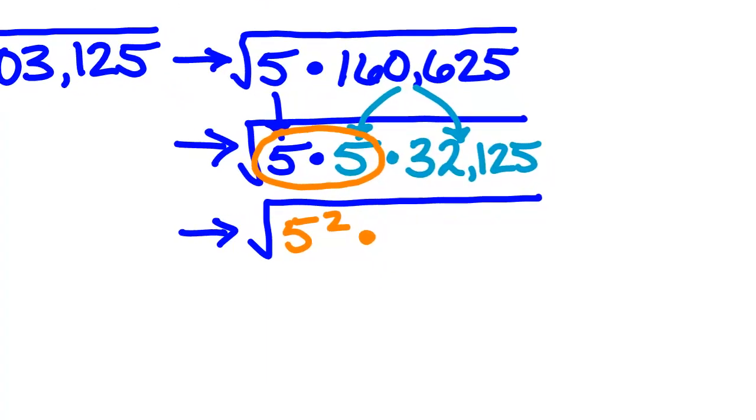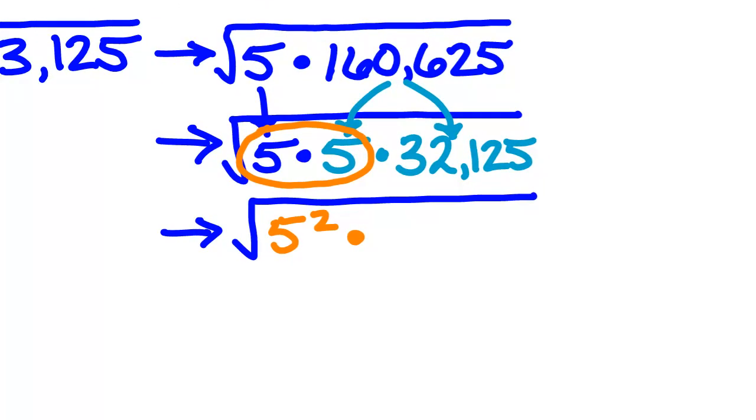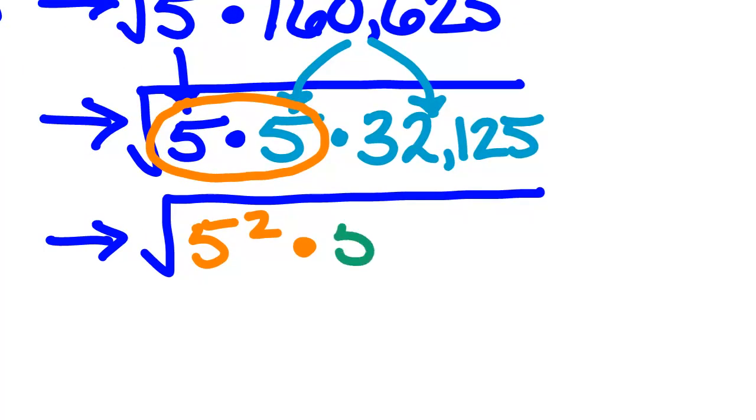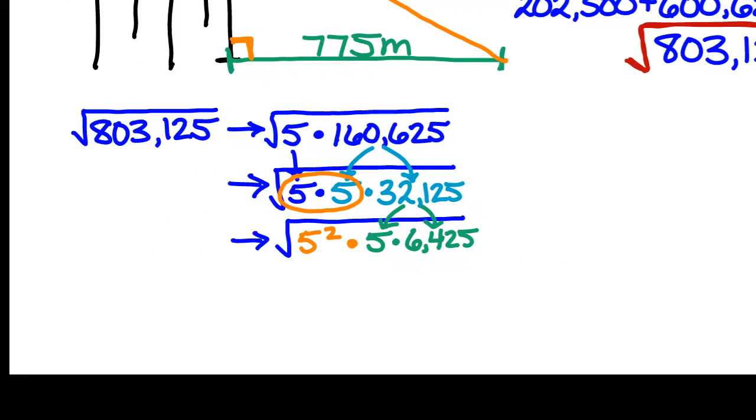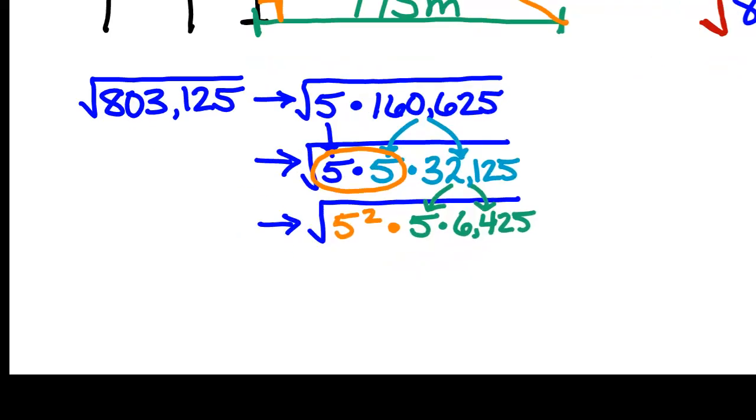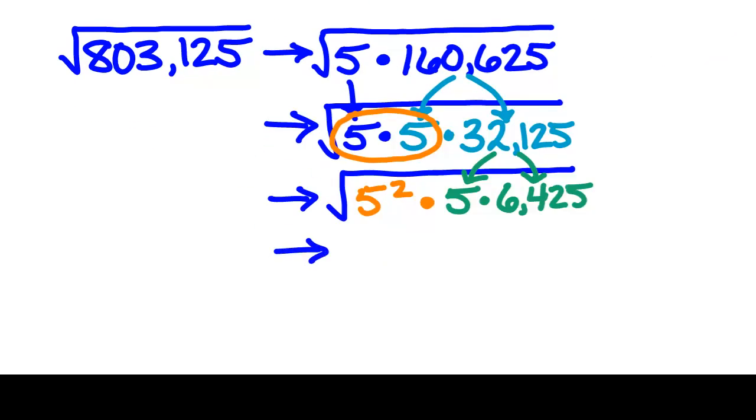Times, can 5 go into 32,125? Yes, that'd be 5 times what? 6,425. Can 5 go into 6,425?